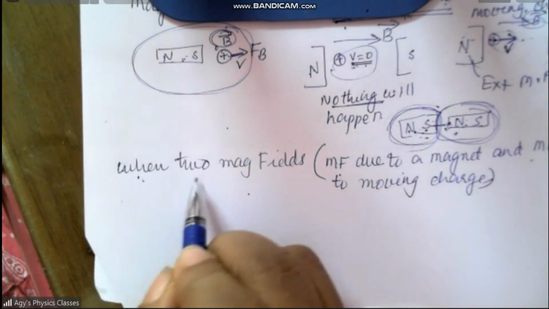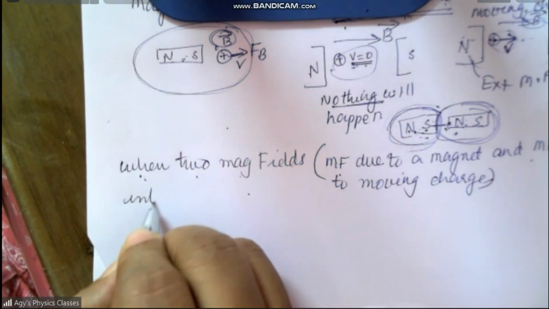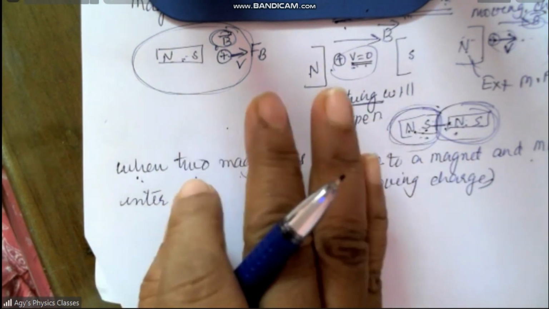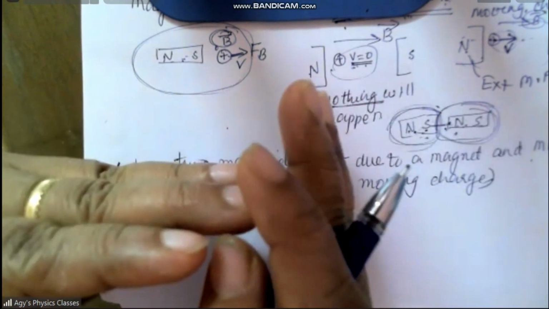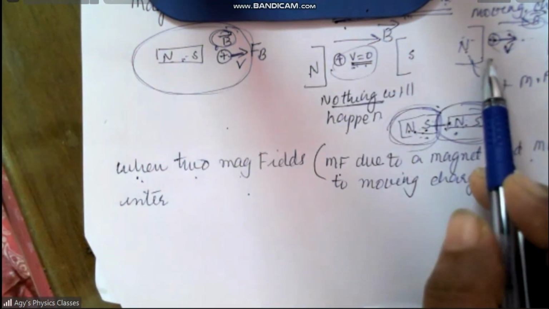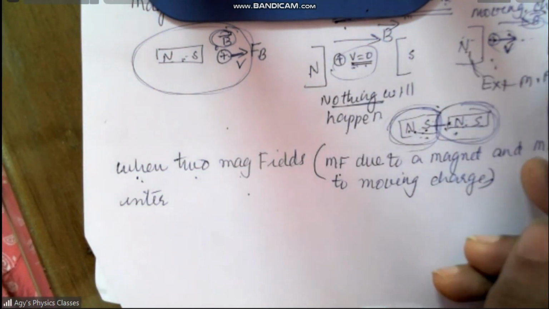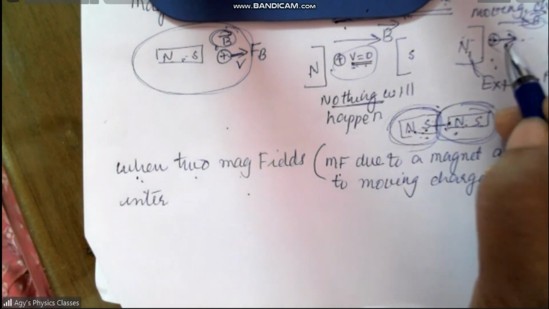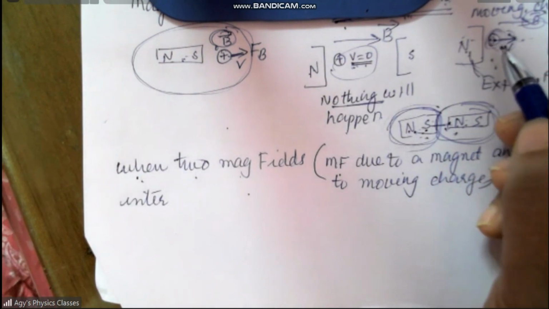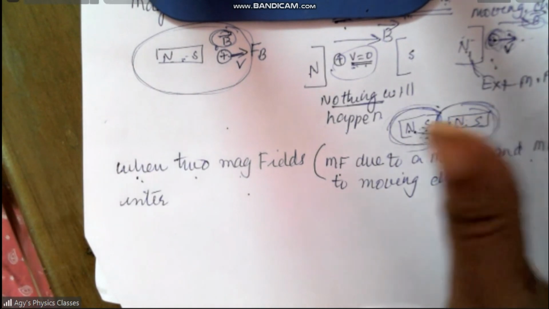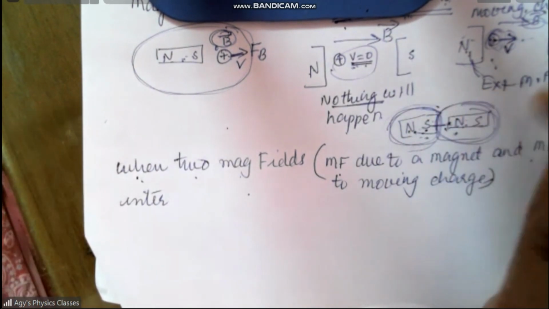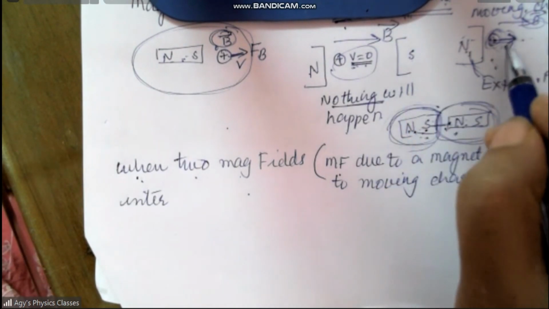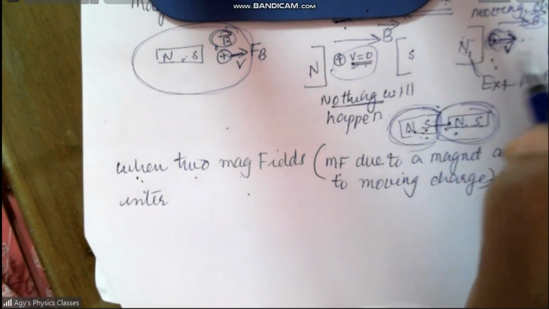When two magnetic fields interact, that means magnetic fields from two sources come closer. This is an example. This is creating an external magnetic field, and when any charge moves, it automatically has a magnetic field created. A moving charge is like a magnet. So this is one magnet, this is another magnet.